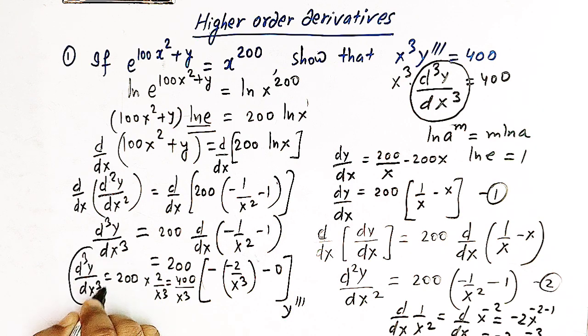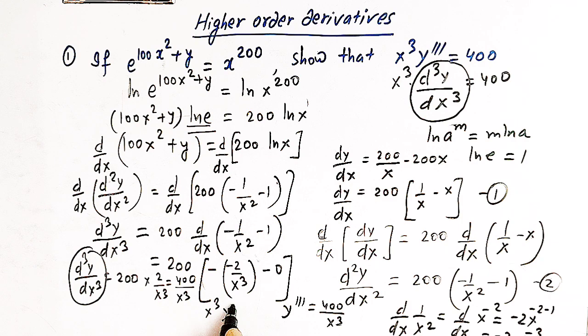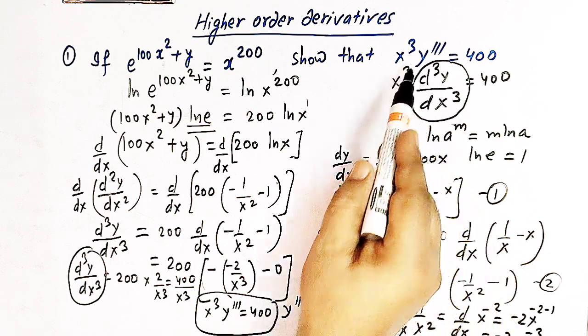The notation for this is y triple prime, and here we have 400 over x cube. Now multiplying both sides by x cube, we have x cube times y triple prime is equal to 400. And this is the result which we had to prove.